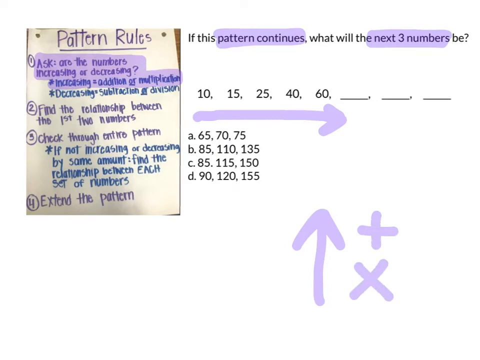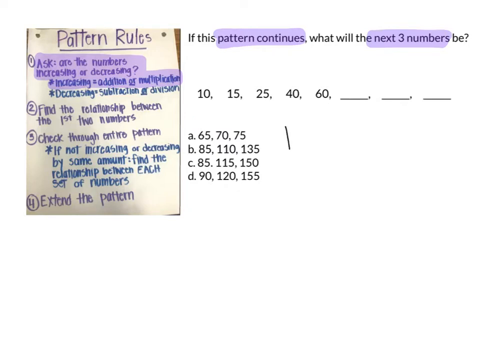All right, so let's see. 10 and 15. If I multiply 10 by 1, I get 10. That doesn't match. If we multiply 10 by 2, we get 20, and that's past 15. That's greater than 15. So we know we're not going to be multiplying, which means we're going to be adding.